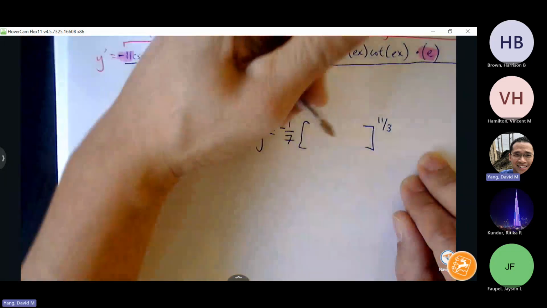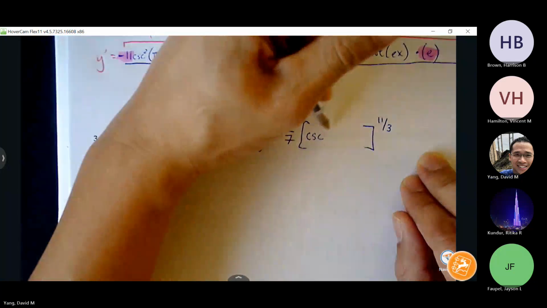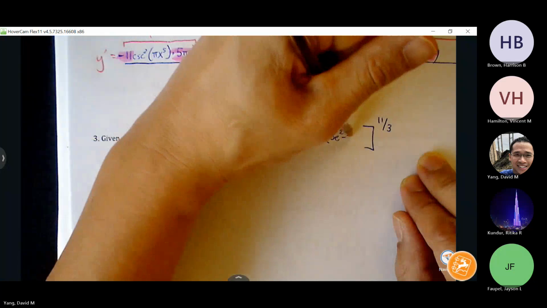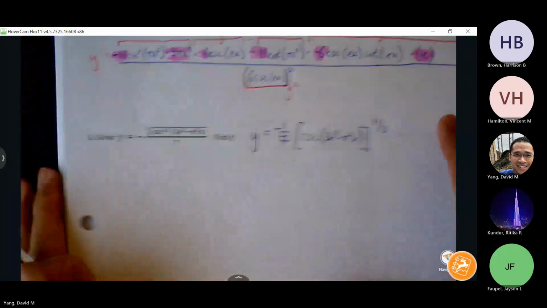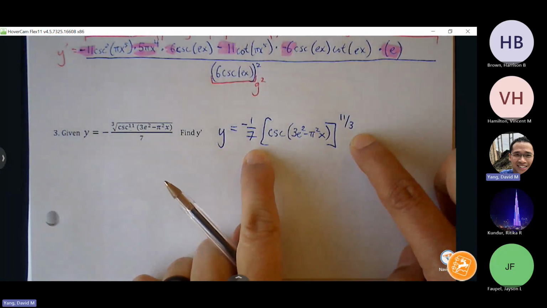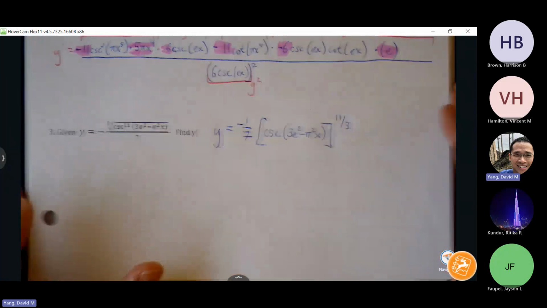A lot easier to see the need for chain rule having it written out in this form. Right, it's a lot easier now, right? It's a lot cleaner. You can see the outside portion a lot easier, you can see the inside portion a lot easier, and also the need for chain rule.